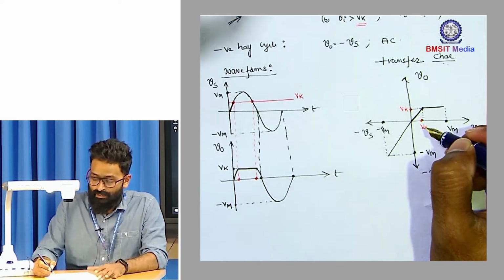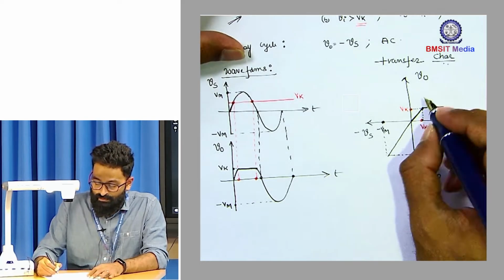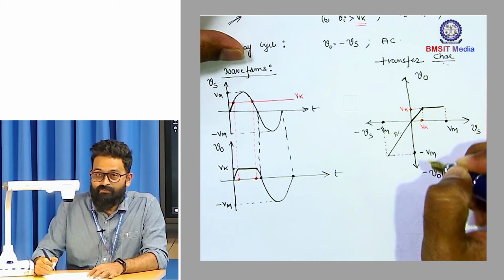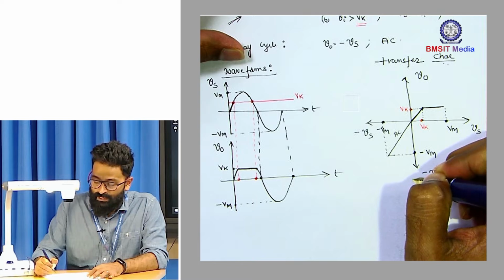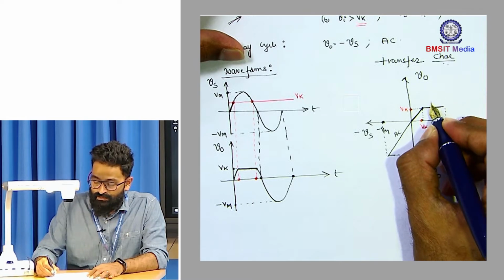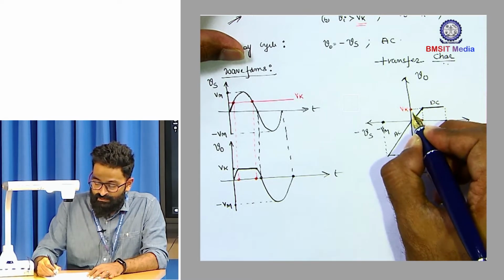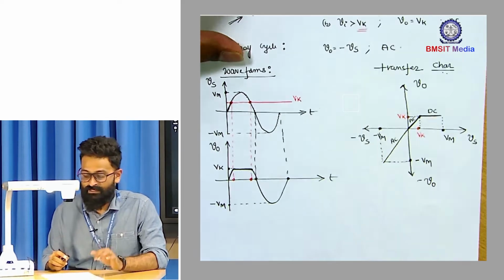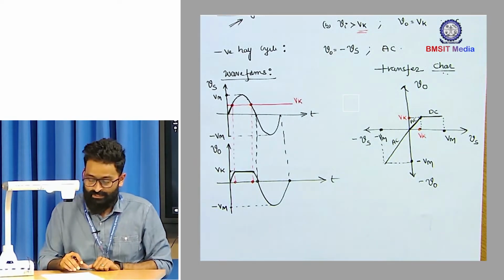So basically you have complete AC output for the negative half cycle, and for the positive half cycle you have DC level as well as AC level. So this is your transfer characteristics. I hope that you have understood the operation of positive clipper, positive parallel clipper.